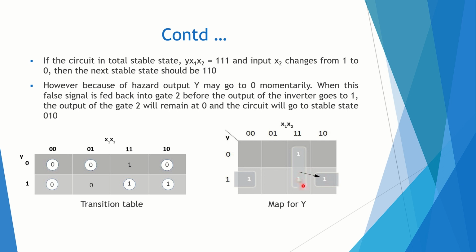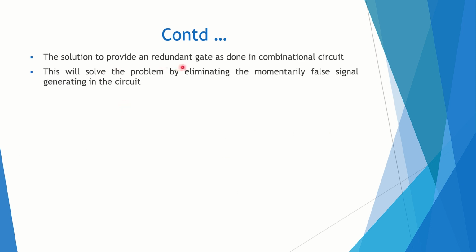These two implicants will be grouped, and we put an extra redundant gate here to remove the hazard occurring in this asynchronous sequential circuit. This solves the problem by eliminating the momentary false signal generated in the circuit. So that is the solution.